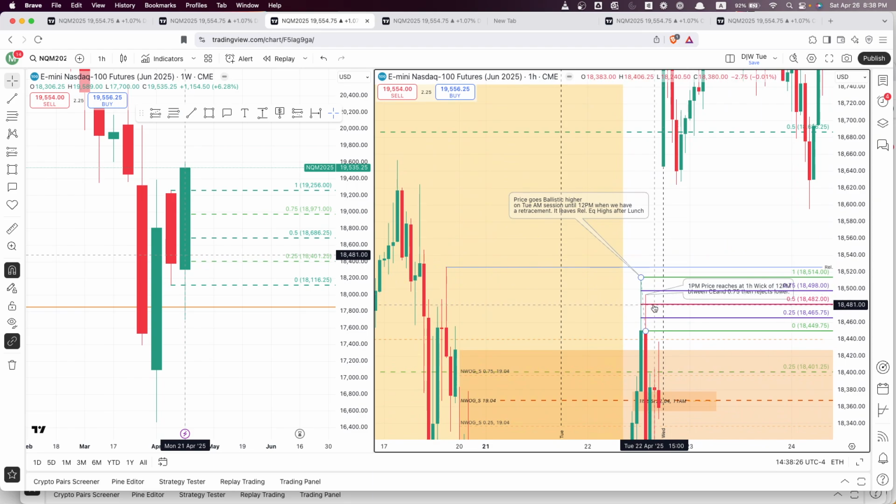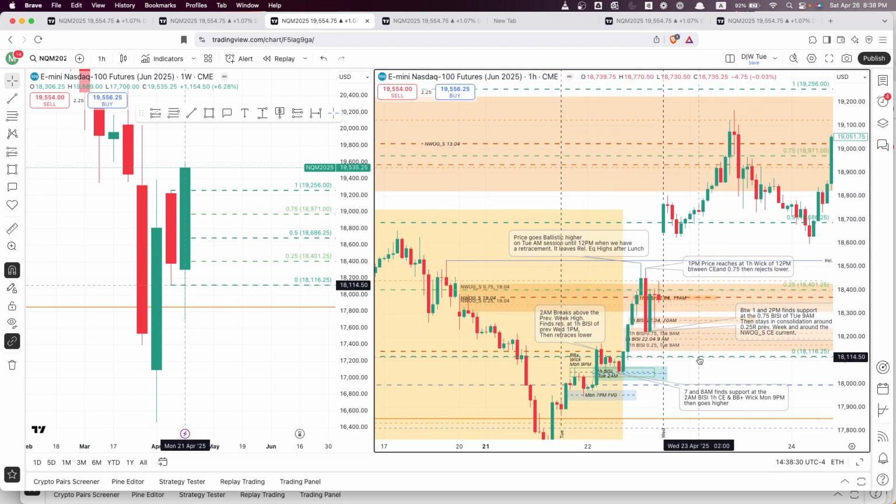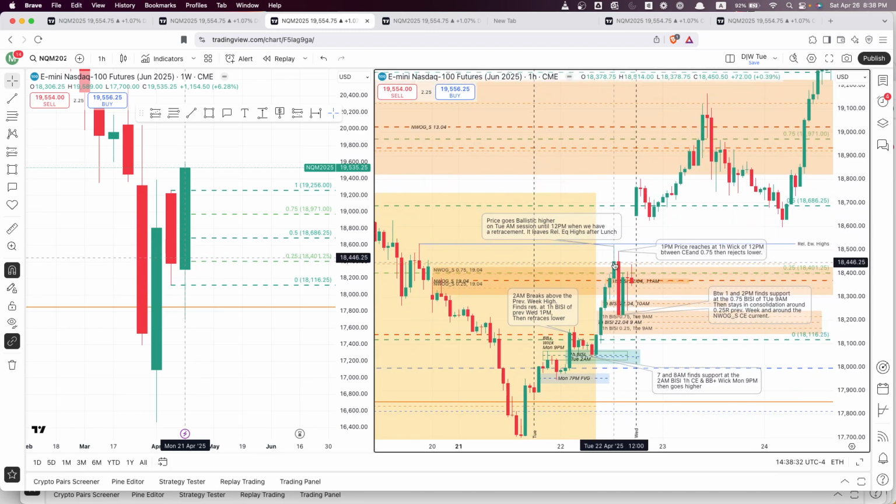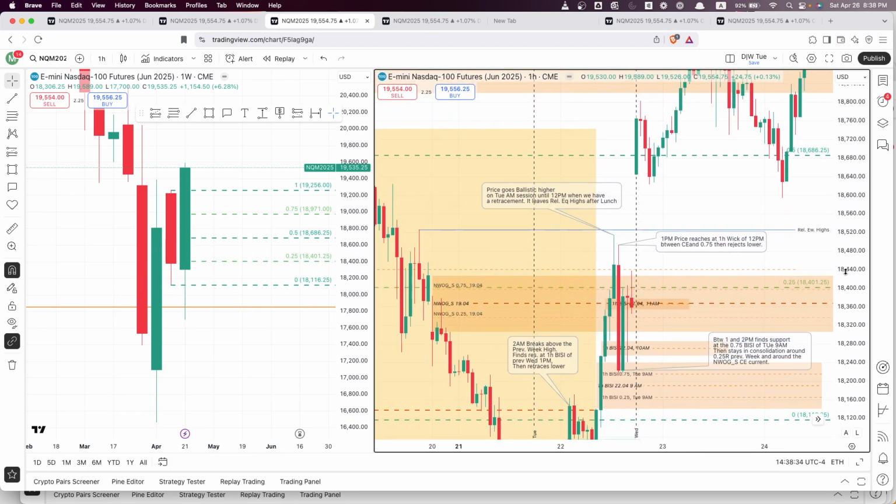So we're between the consequent encroachment and 75% level. And then it just consolidates around. So it finds support at this upper quadrant. And then notice how this is the 0.25 of the previous week. So we're staying in this area over here.